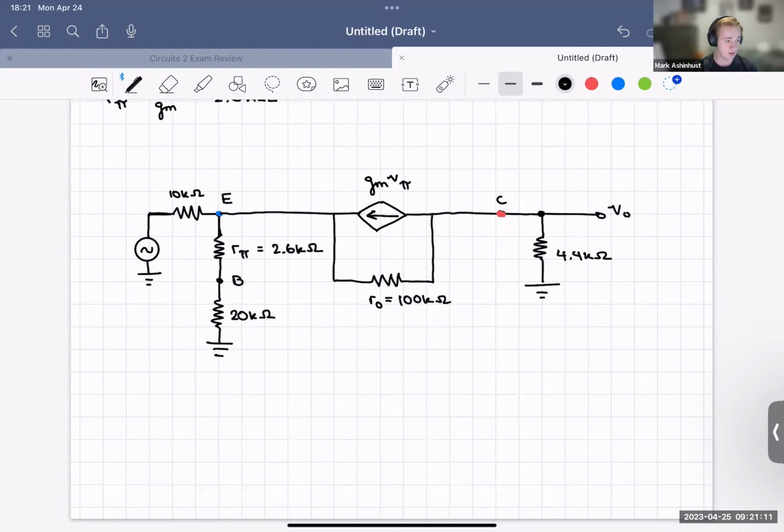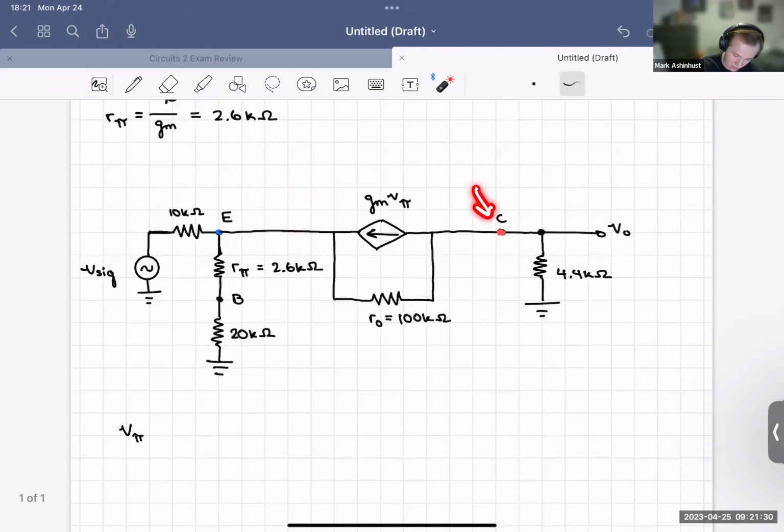So I would start with getting a voltage there for V pi. We're looking at that left side, the V sig side, and we want a voltage there for V pi because that's going to help us on that gm V pi. We want a voltage on the input and a voltage on the output, and then we'll just take one over the other. But they're both dependent on gm V pi.